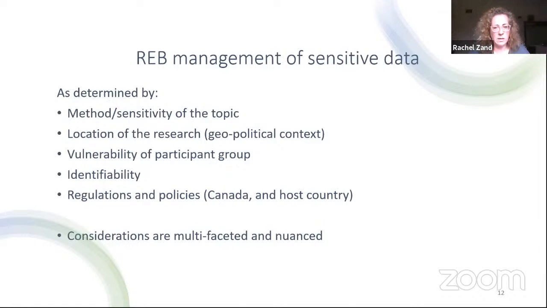So an example would be, during current times, frontline workers may be a vulnerable group, depending on the type of research. We also look at identifiability of the data to be collected and whether that would be problematic for individuals or communities. And then we look at the regulations and policies, not just in Canada, but in the host country, in terms of figuring out what that risk level is.